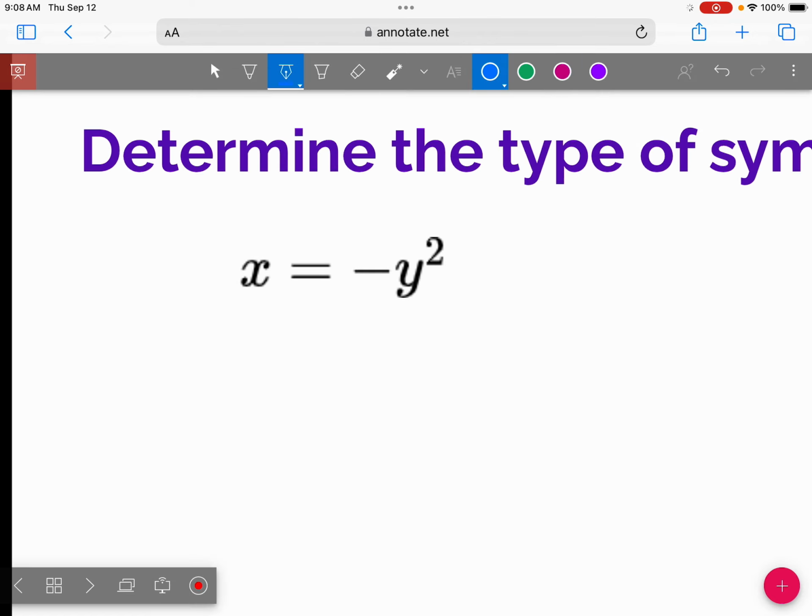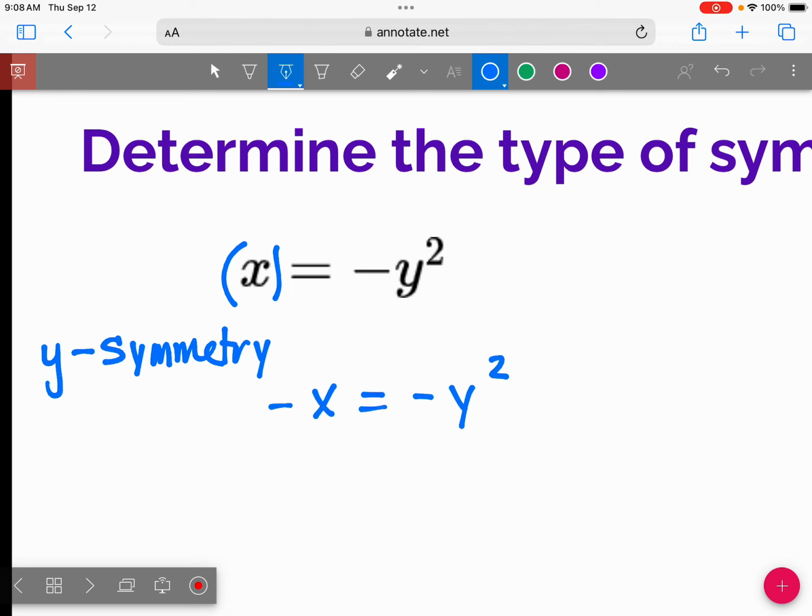So our first test, I'm going to test for y-axis symmetry. What we do for y-axis symmetry is replace the x with the opposite of x. So replacing this guy, we're going to have the opposite of x equals negative y squared.